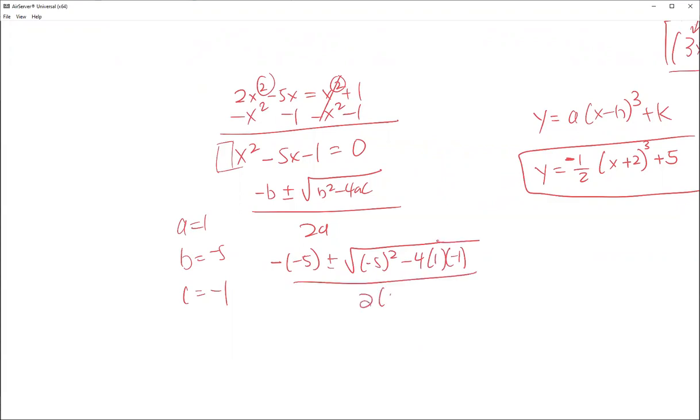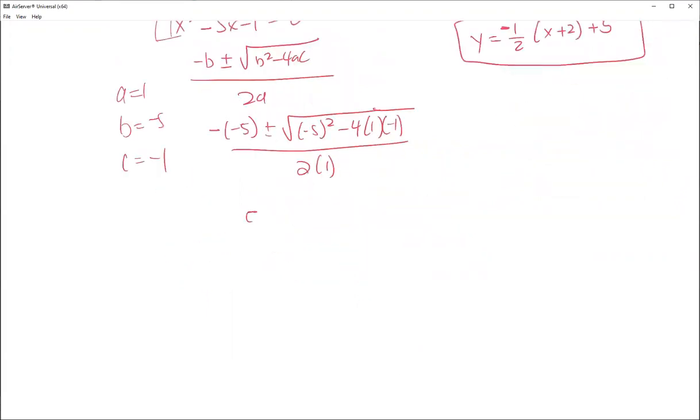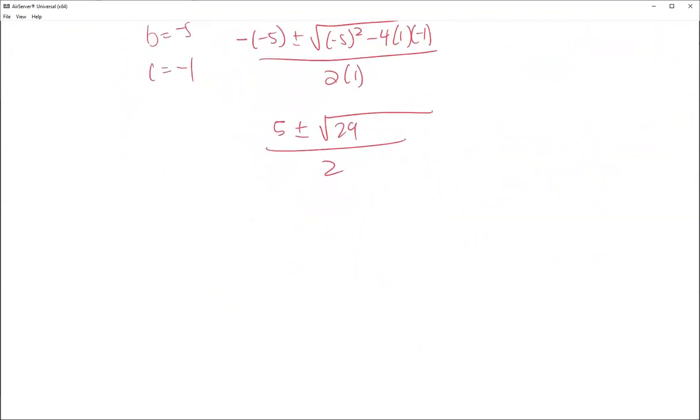We put this together, that'll be 5 plus or minus the square root of 25 plus 4, which is 29, all over 2. So if we do this, it'll be 5 plus radical 29 over 2, 5 minus radical 29 over 2.